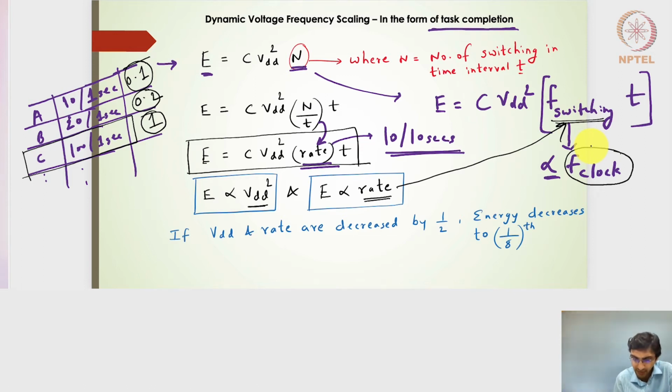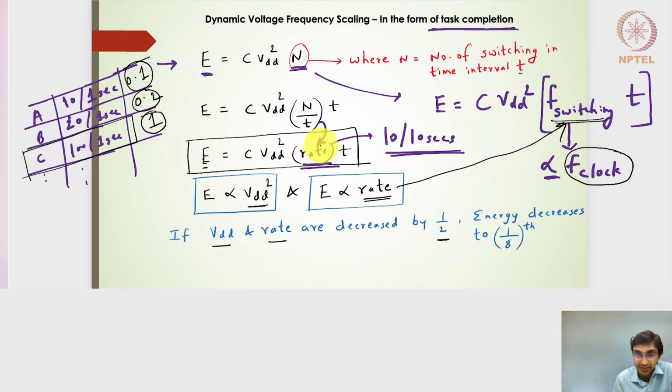What I mean is, if VDD and rate are each decreased by half, the energy naturally decreases by 1/8, because energy is directly proportional to the square of VDD. If the VDD rail voltage is decreased by half, instead of 1 volt, if I have a rail voltage of 0.5, the energy decreases by 1/4.